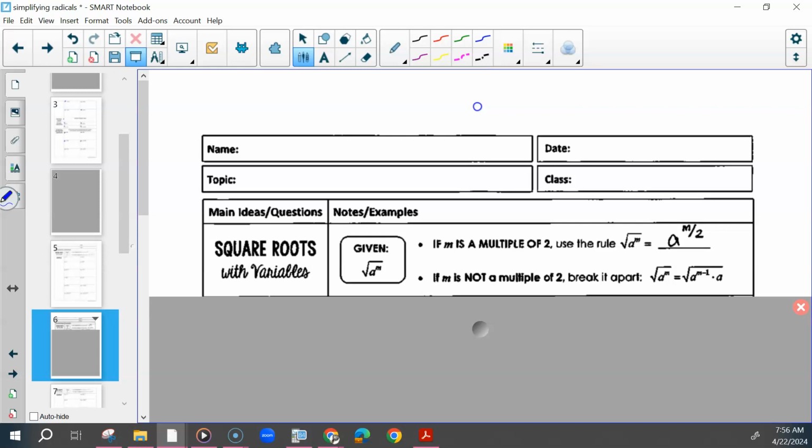However, if it's not a multiple of 2, you're going to break it apart. This says the square root of a to the m minus 1, so really find a number that would go into it. So let's say it was 3. You know, 2 goes into 2 once. So I could separate them and say a squared and a to the first, and leave the a to the first inside, but the a squared, I could do that same way.